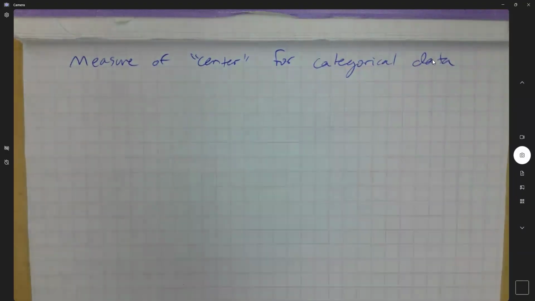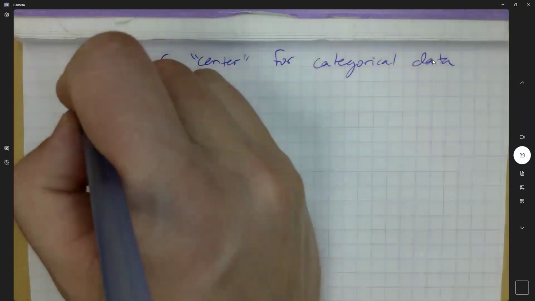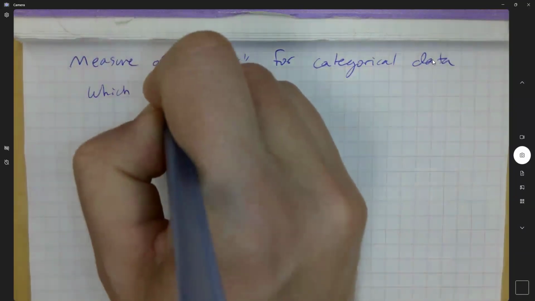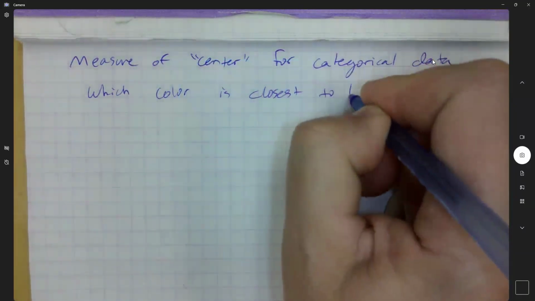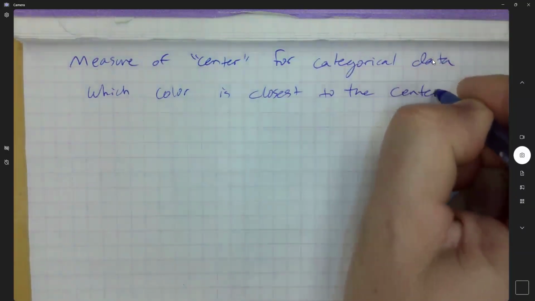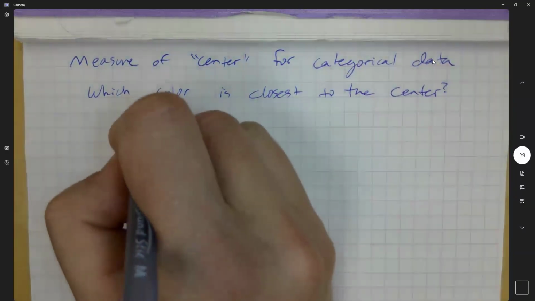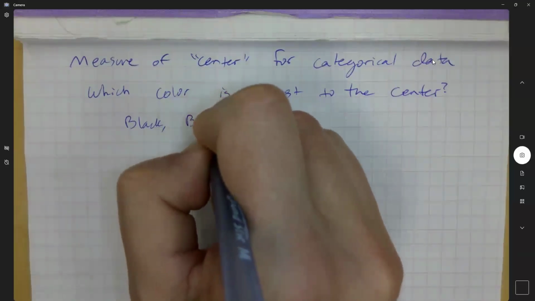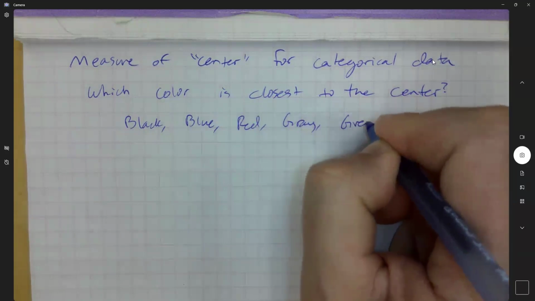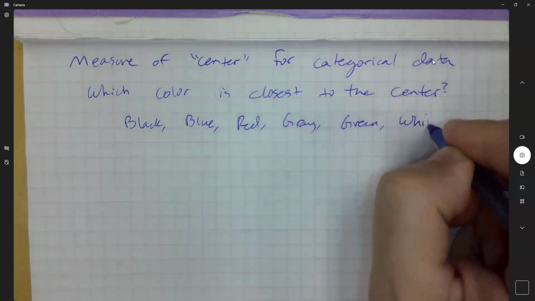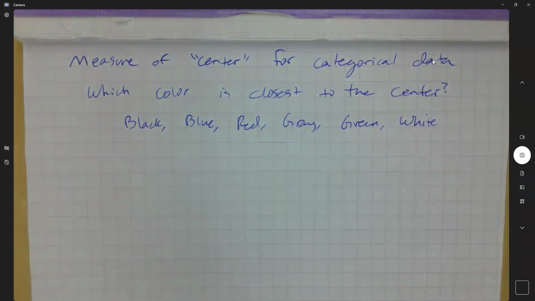For categorical data, it doesn't really make sense. All right, if I ask you which color is closest to the center, is it black or blue or red or gray or green or white? That question doesn't make any sense.